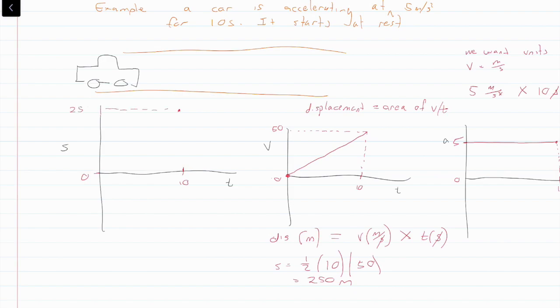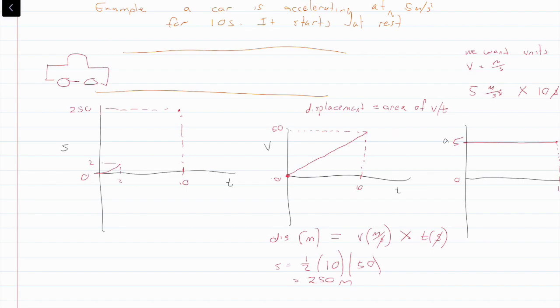But remember that because I'm accelerating, I'm getting faster and faster. It starts out slow and then it speeds up, and right at the end is where I'm fastest. So that means our gradient needs to start out slow, because it's only doing, let's say, 2 meters in the first couple of seconds.